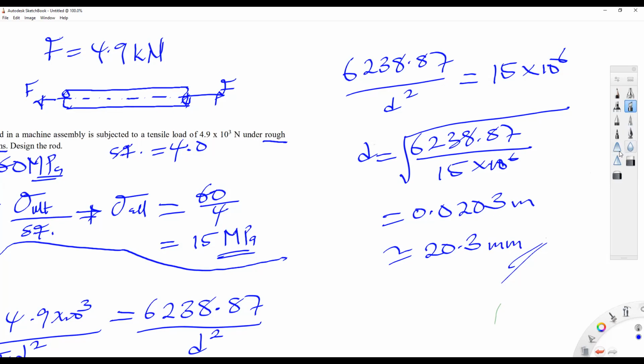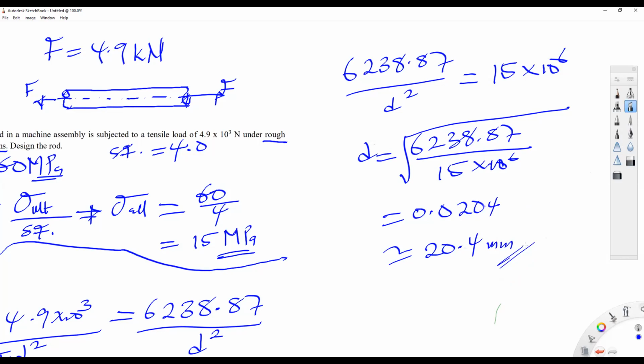Okay, so here should be 20.4. So that should be the diameter.